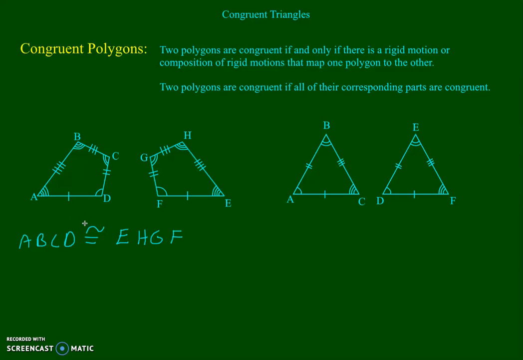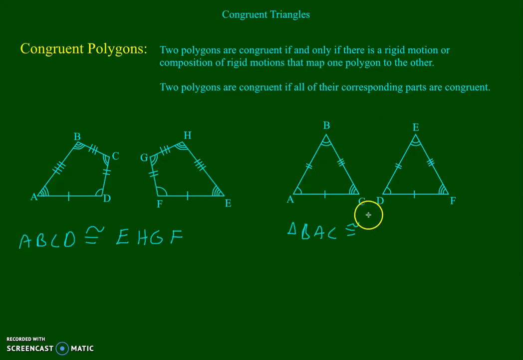So just as a quick exercise for you, see if you can complete the congruent statement I'm about to make. I'm going to say that triangle BAC is congruent to which triangle. So go ahead and stop the video, see if you can fill that in, and then restart.